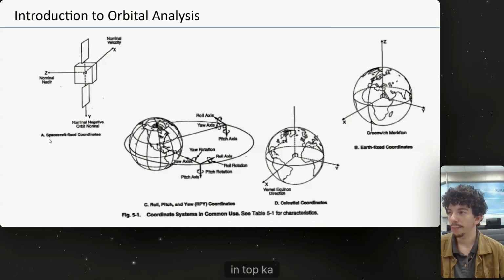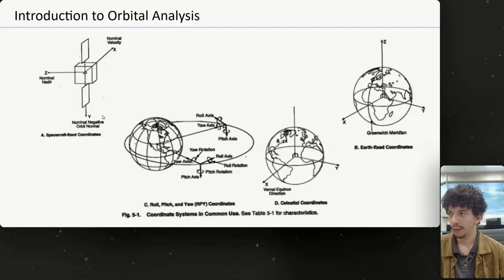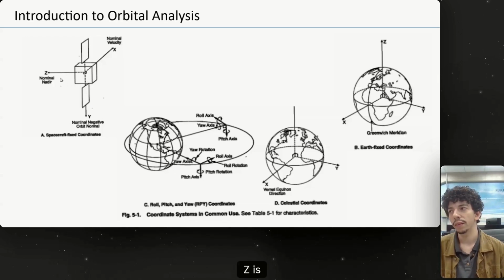In topic A, we have a spacecraft fixed coordinate system in 3 axes, and the first is X, okay, Y and Z. And Z is nadir for this example, but it is not a rule, okay?